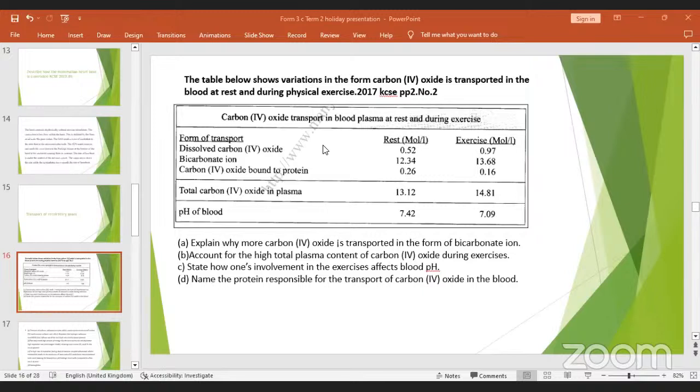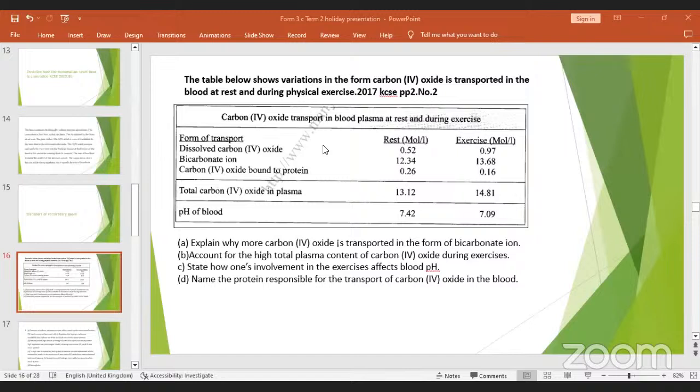The table below shows variations in the form in which carbon dioxide is transported in the blood at rest and during physical exercise. So there's a comparison of how carbon dioxide is transported at rest and during physical exercise. Okay, I want us to look at that. Form of transport: dissolved carbon dioxide at rest is 0.52.